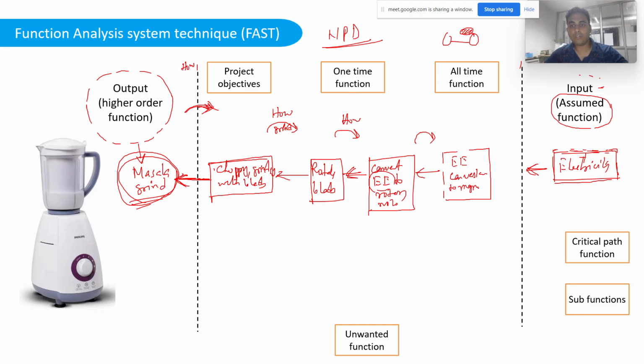That's how a motor works. So this is how you ask the question how to perform a particular function, and then you get to know the sub function, and you end up connecting to the very basic input that we think about.